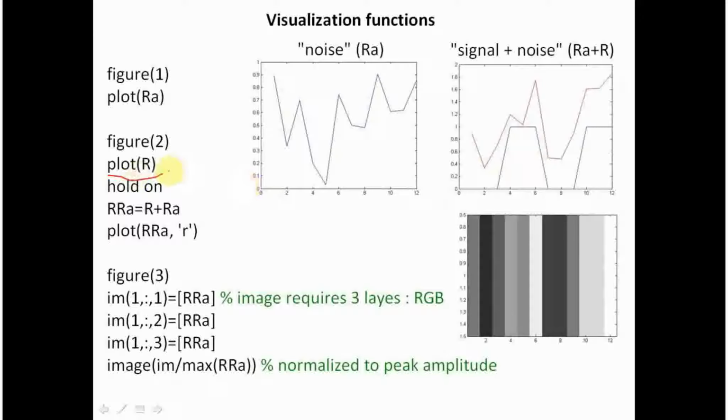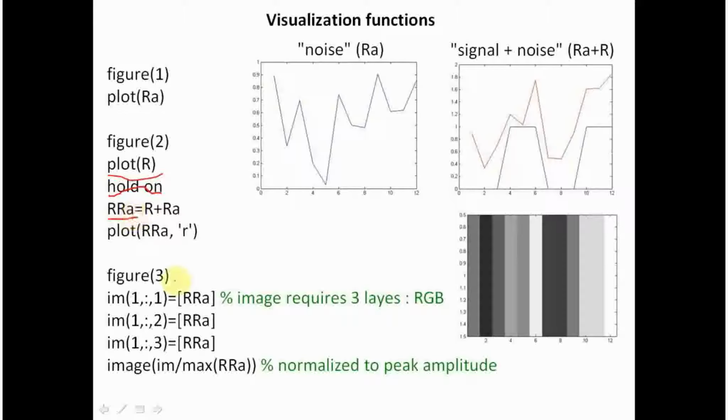We plot this R. It will give us this kind of line. And then we type hold on. Hold on is another function which enables storing the old trace on a plot when you plot something else. Otherwise it will be erased.